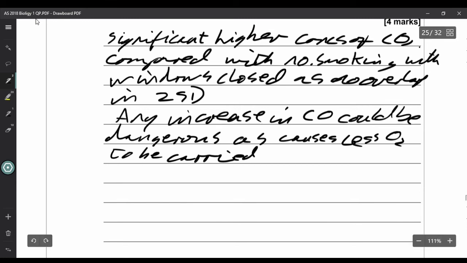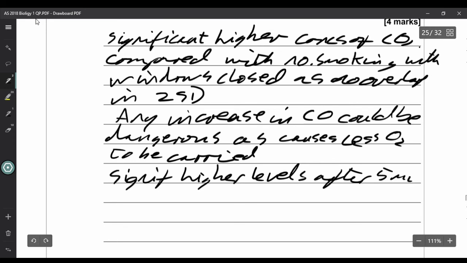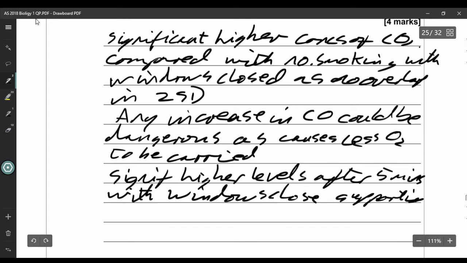So we can also say that there's significant higher levels after 5 minutes with the windows closed, supporting short journey statement.